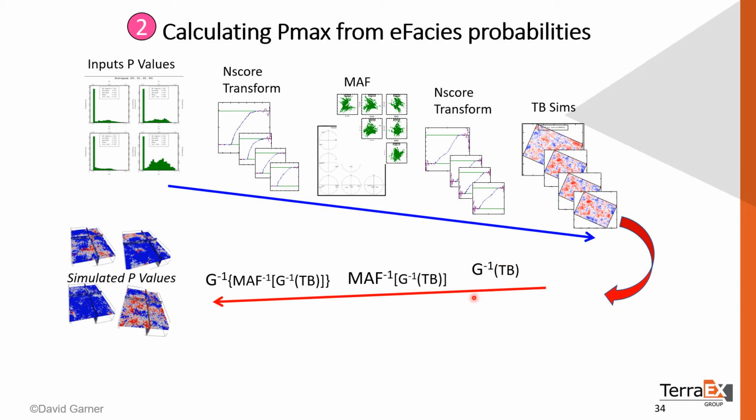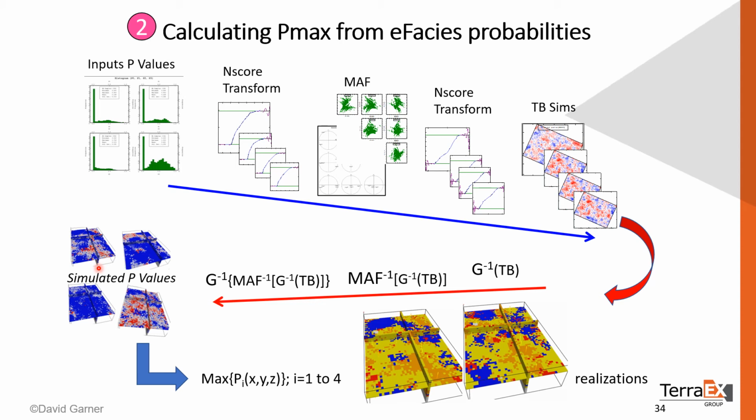We reverse the Gaussian transform, the math, and the first normal score transform, and get our simulated p-values. And I don't have it on the diagram, but we renormalize as well. Make sure they add up to 1 at all 3D samples. And then we take the maximum of those 4 probabilities, and we get facies. And these also show the transition characteristics.